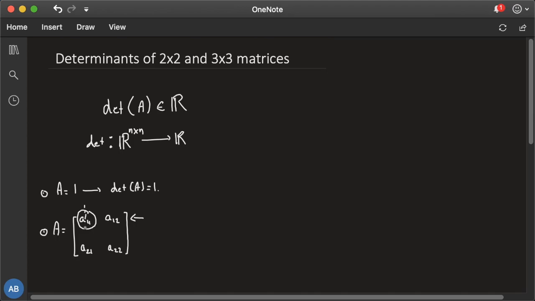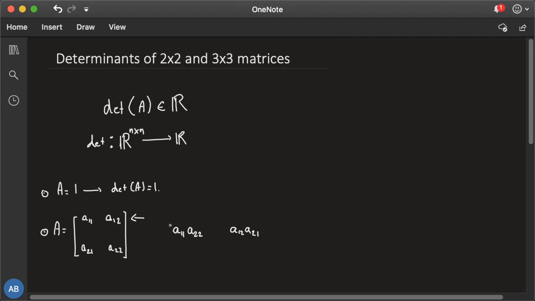What are they? So you have to eliminate the row and column that A11 belongs to. So A11 multiplied by what remains, that is A22. Then you go on to the second element, that is A12. So A12 multiplied by what? You eliminate its corresponding column and row, and you're left with A21.